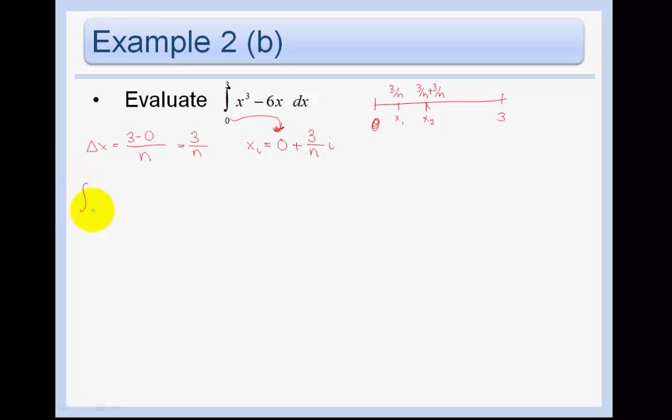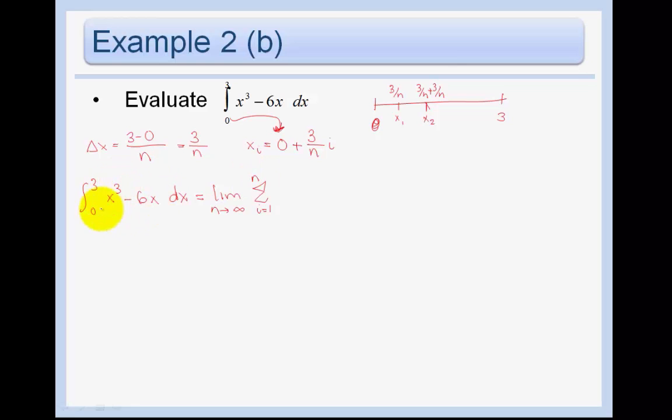And so we can say that this can be approximated as the limit as we get an infinite number of these little rectangles. We're summing up all of them. And what is the height?